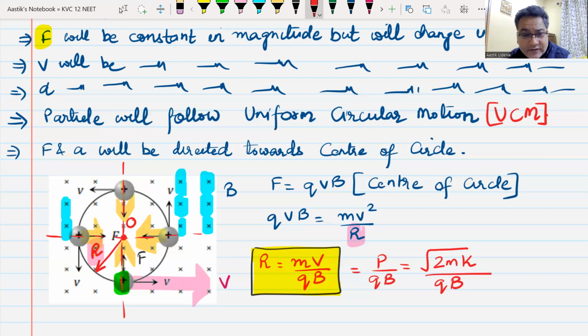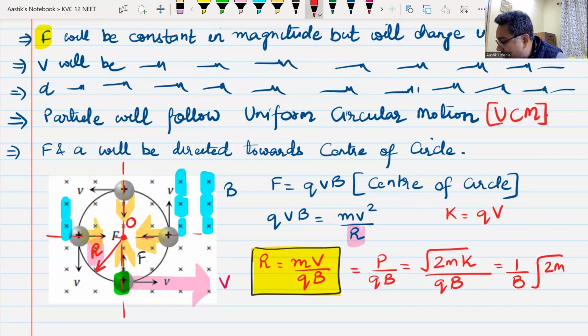You can also write it this way. Now, kinetic energy k can be written as q multiplied by v, so I can also write this as 1 by b into root over 2mv by q, where v is the potential difference.